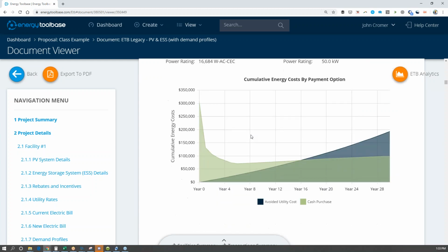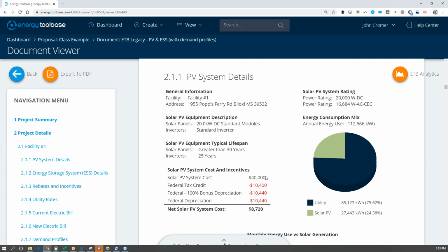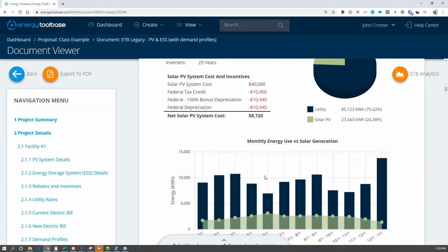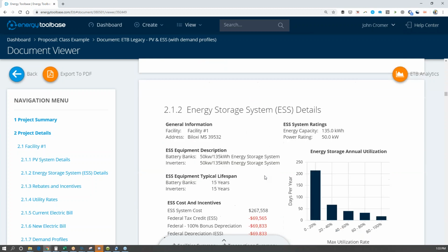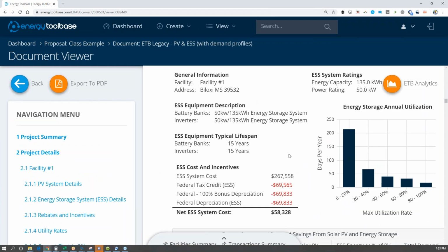So this tells you all the project information. We haven't optimized the system yet. It's this graphic right here on the right that I wanted to show you: the energy storage annual utilization rate.